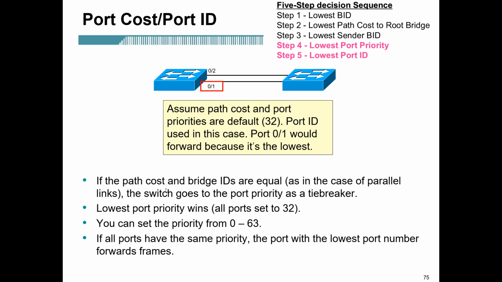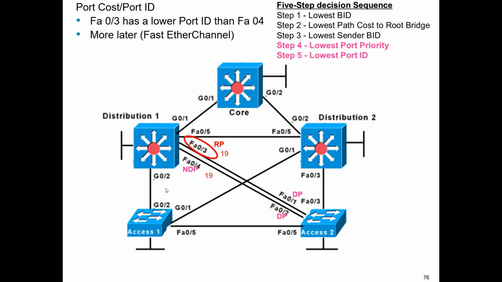You can change port priority. It can be between 0 and 63. If all ports have the same priority, the port with the lowest port number will forward the frame. So for example, out of distribution 1, if they are dual links, FA0/3 will become the root port.